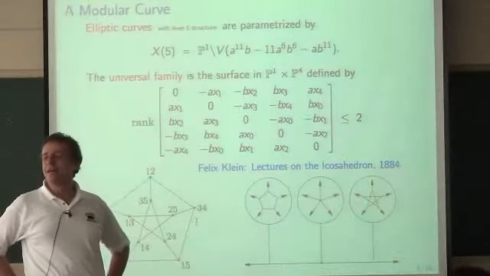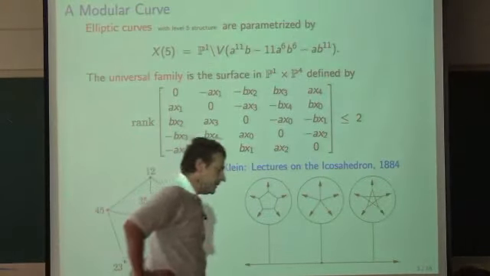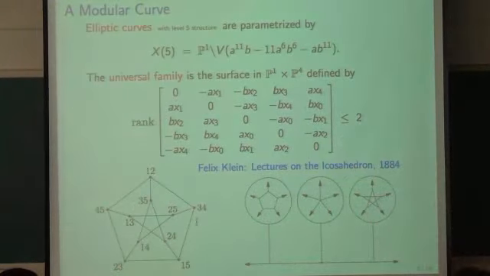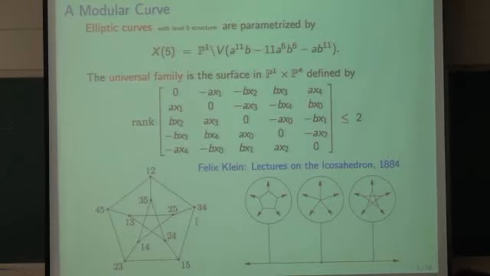Okay, moduli spaces. So let me give you an example of a very simple moduli space. So you might have heard, I hope there are number theorists in the audience, number theorists study things like modular curves. So whatever a modular curve is, presumably it's a moduli space.